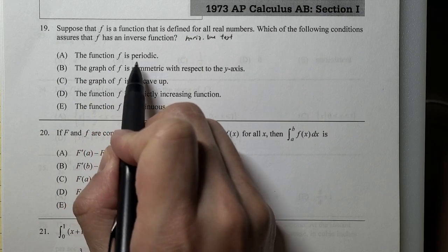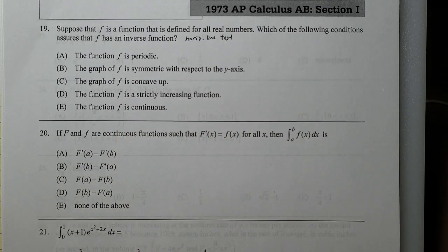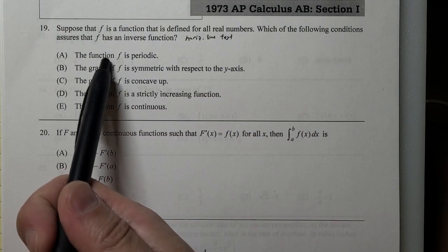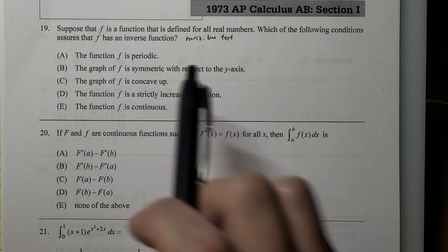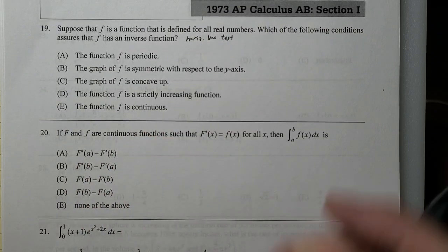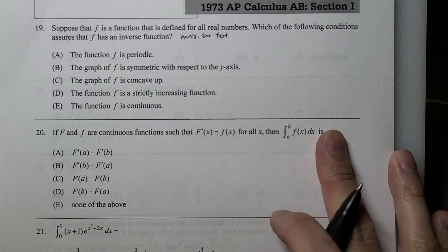The function f is periodic. Would that ensure that f has an inverse? Well, I can already think of a counterexample. If you can think of even one case that disproves it, then it's false. Remember the key is the horizontal line test. What's a periodic function?